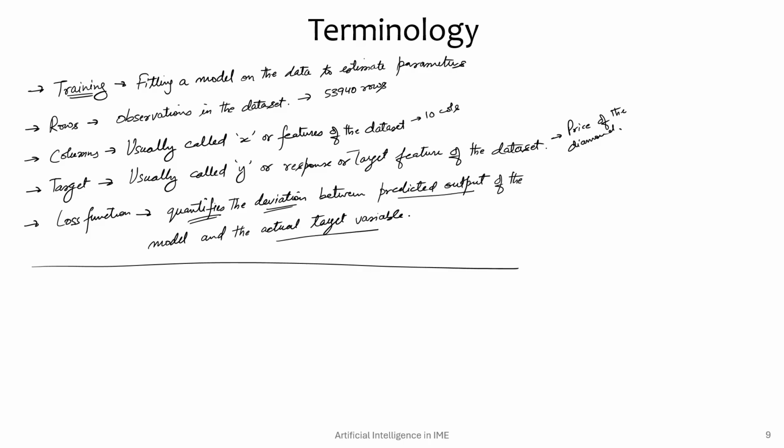So as I have already said, there will be a training data set and test data set. So your test data set will have your price of the diamond available, the actual target variable, that is the actual price of the diamond. So let's say you are just differentiating between actual price of the diamond minus predicted price.